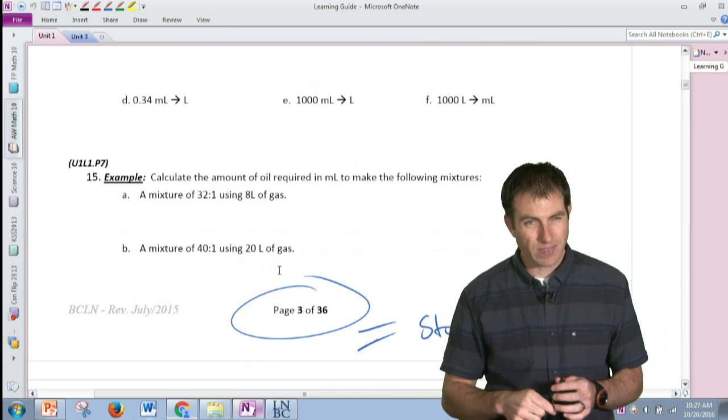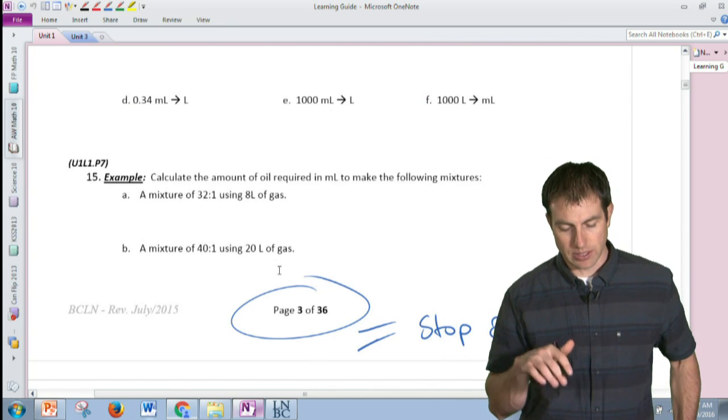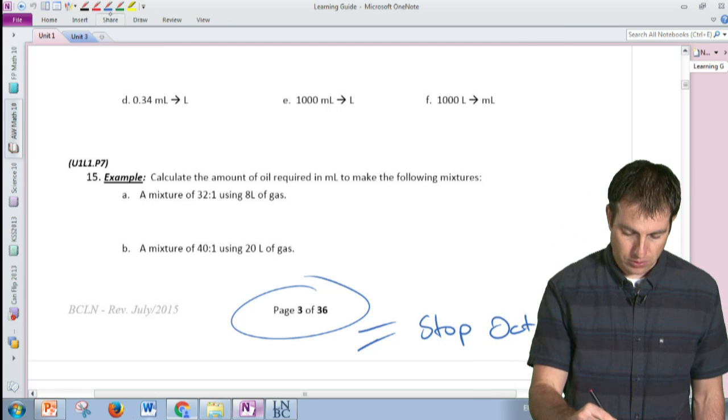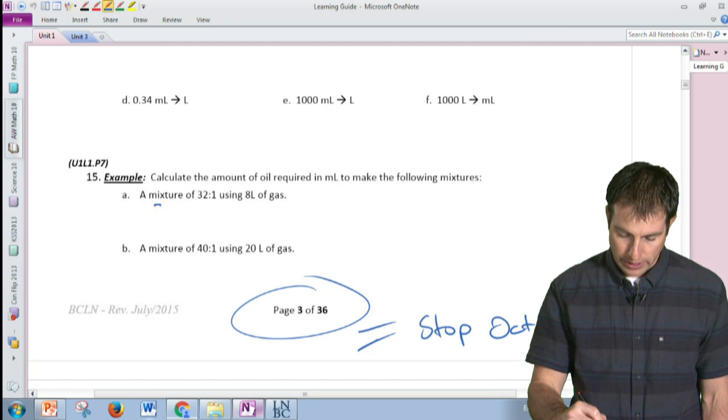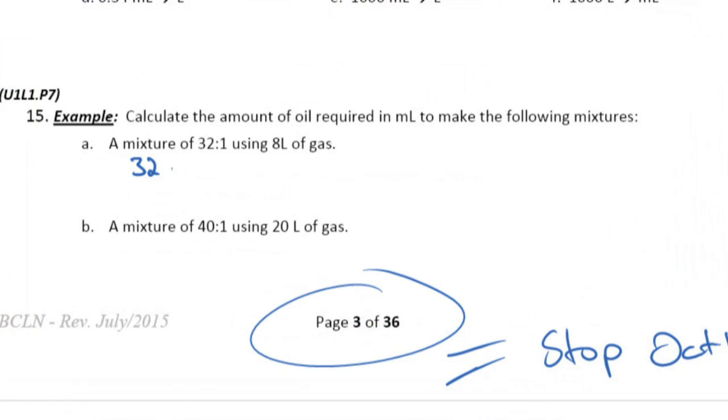Because we have these ratios, we can write them as fractions. So I'm going to write 32 gas over 1 oil. I don't have to write in gas, but I will. So 32 parts gas to 1 part oil. I'm going to make this equal to 8 liters of gas over some amount of oil.